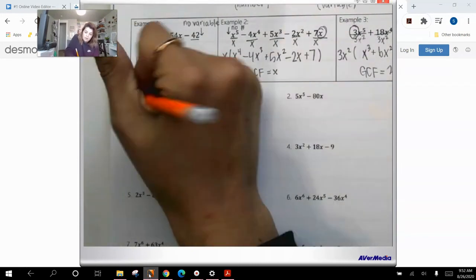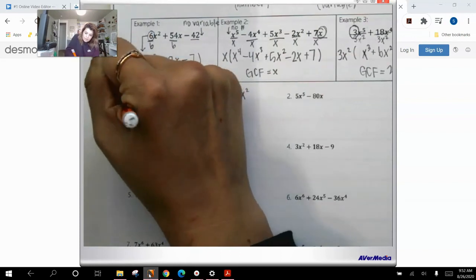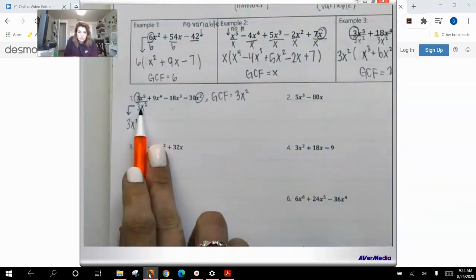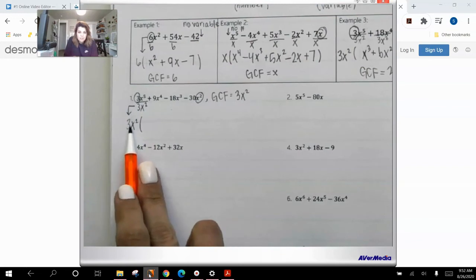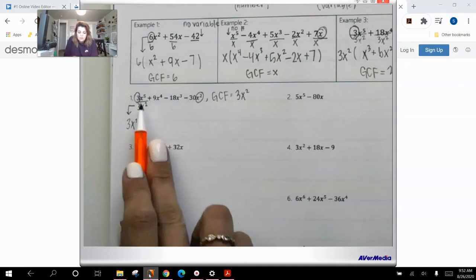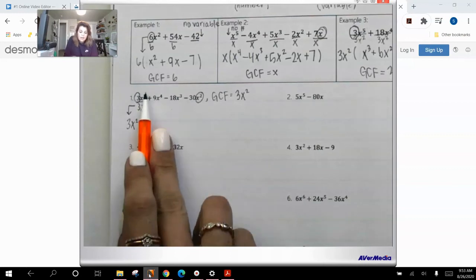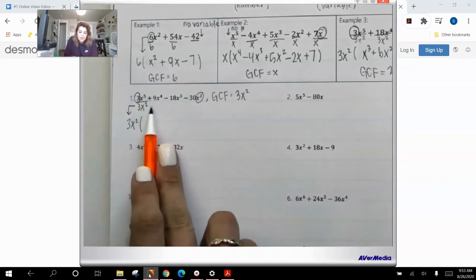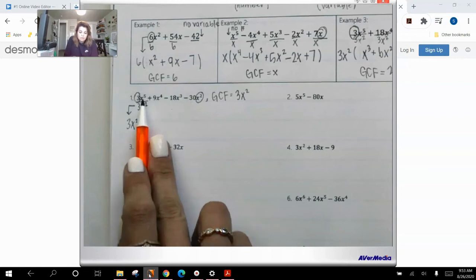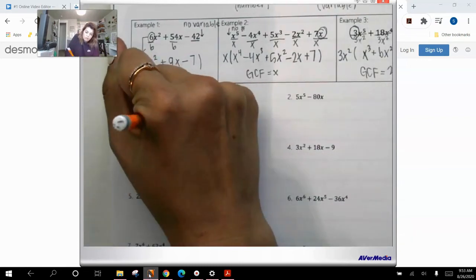So I'm going to divide my first term by 3x squared. These two things are related. Your GCF is the thing that you divide every single term by. 3 divided by 3 is 1. I'm not going to write that down because we don't usually do that. X to the 5th, if you divide off x squared, so you have 5 x's, you take away 2, that's going to give you x to the 3rd.